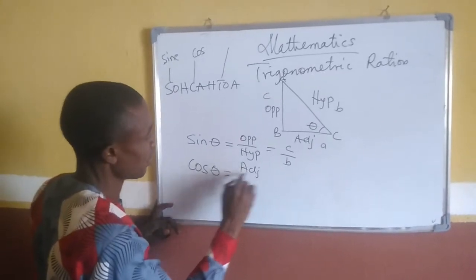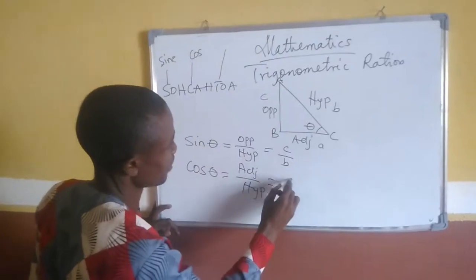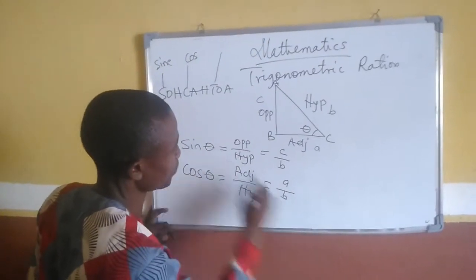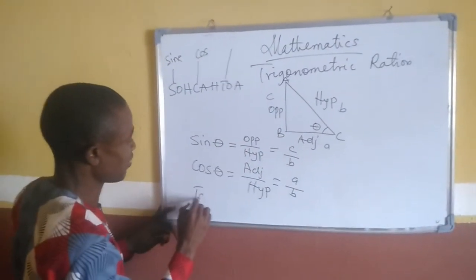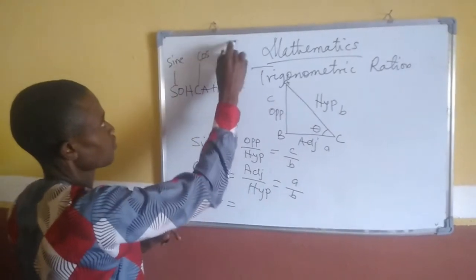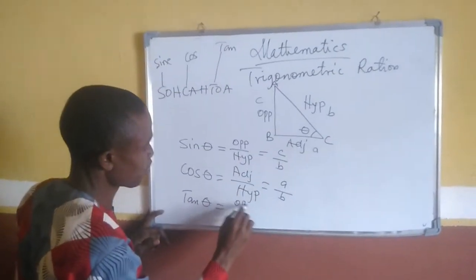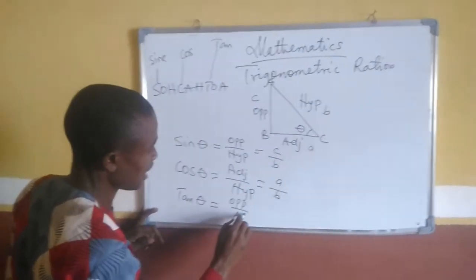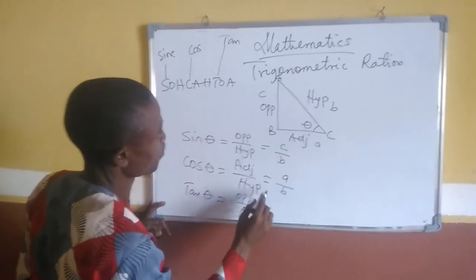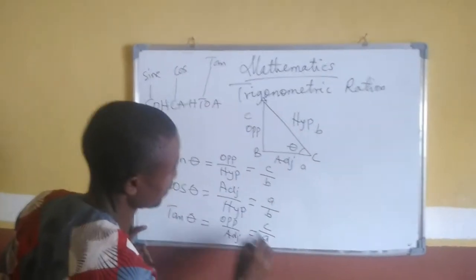What's our adjacent? A all over B. And then we have tan theta. What is our tan? Opposite all over adjacent. And what's our opposite? We have C all over A.